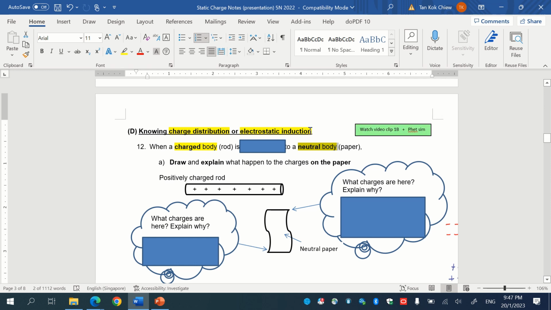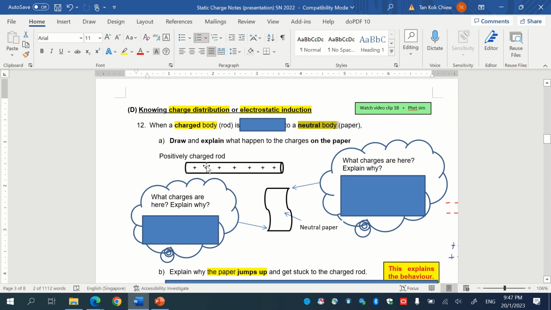Previously it was turning a neutral body into a charged body, but now if I bring a charged body, like in this diagram, a positively charged rod, near to a piece of neutral paper, a neutral body, how will the charges in the neutral body behave?